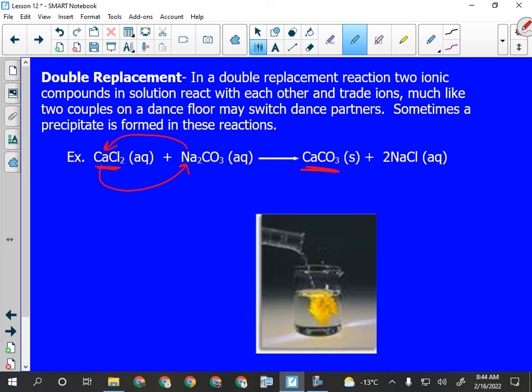Is this equation balanced the way it's written? What's out of balance? Is there something that's out?